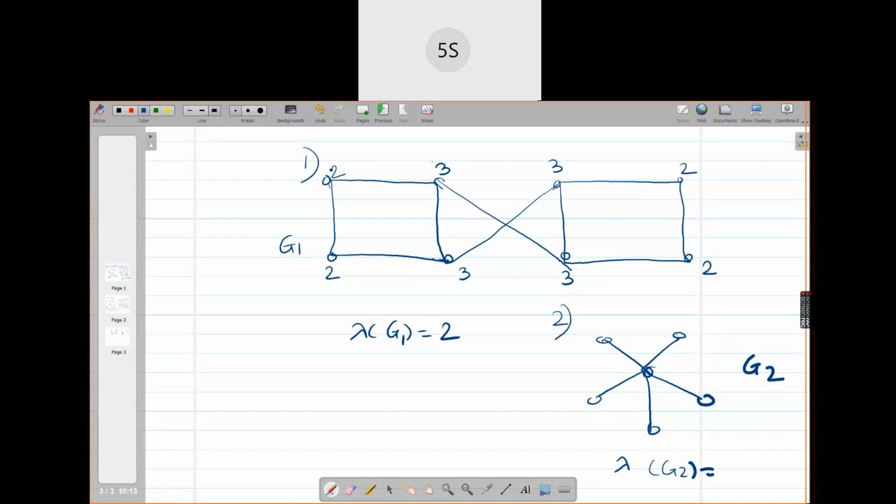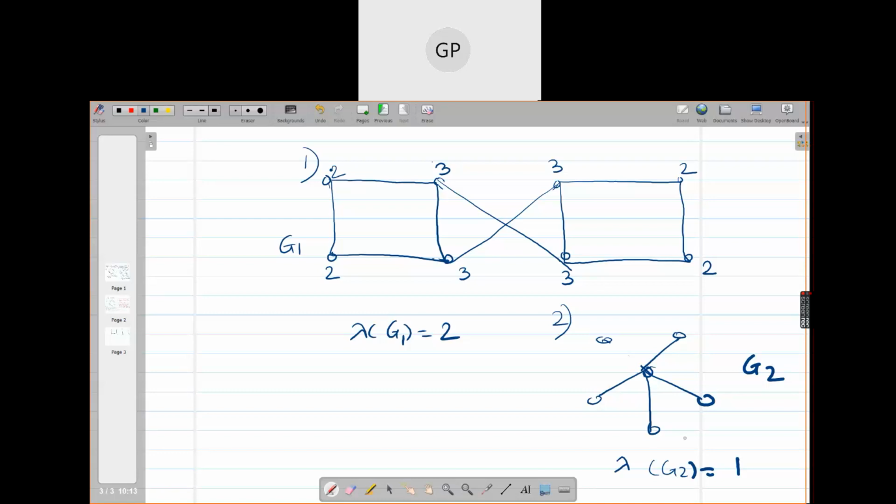Only one. Any one edge you delete, because all the edges are pendant edges. There is no circuit in the graph. So if any one edge is deleted, that particular vertex will become isolated. Every edge is a bridge in fact. If lambda of G, the edge connectivity, is 1, that means the graph has bridges.